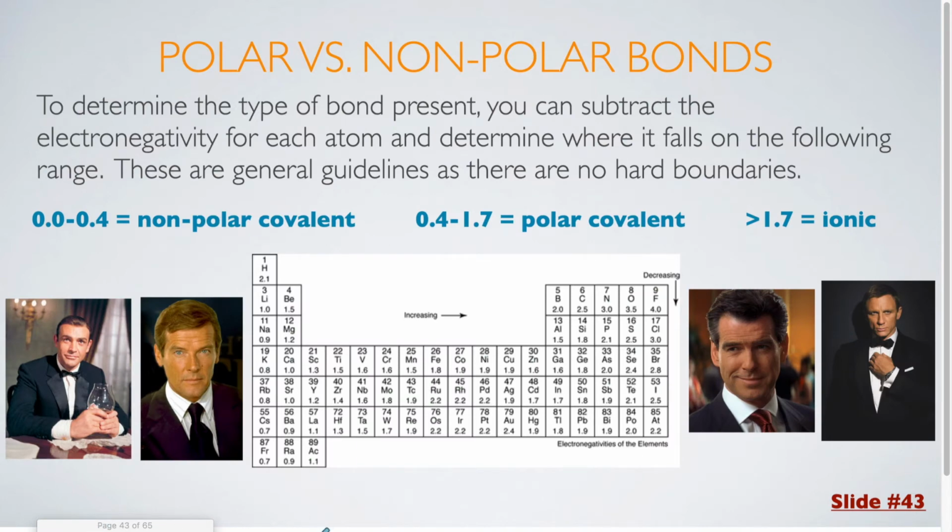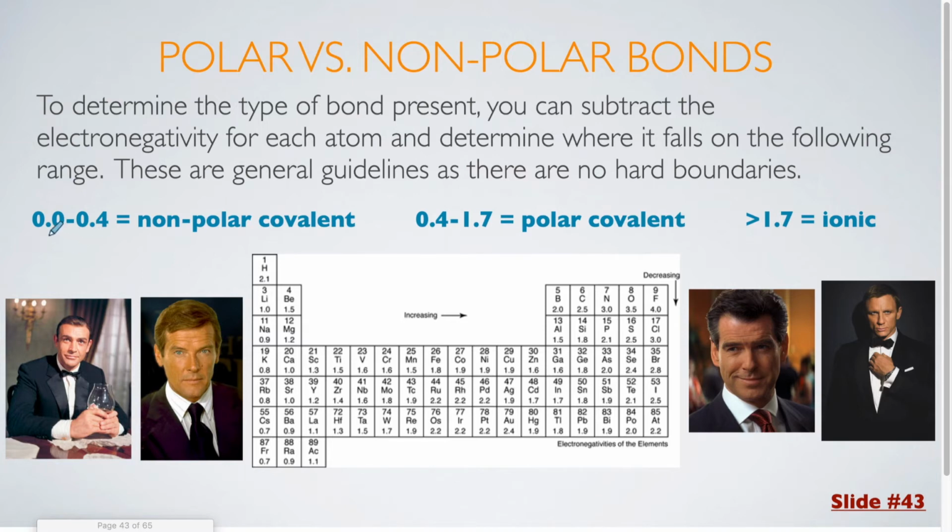To determine the type of bond present, you can subtract the electronegativity for each atom and determine where it falls on the following range. These are general guidelines as there are no hard boundaries, so there might be exceptions to this. If your difference in electronegativity is exactly 0, chances are you're bonding two of the same element to each other, and that will definitely be a nonpolar covalent bond.